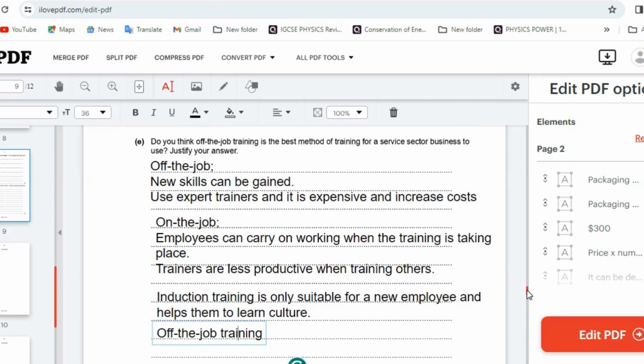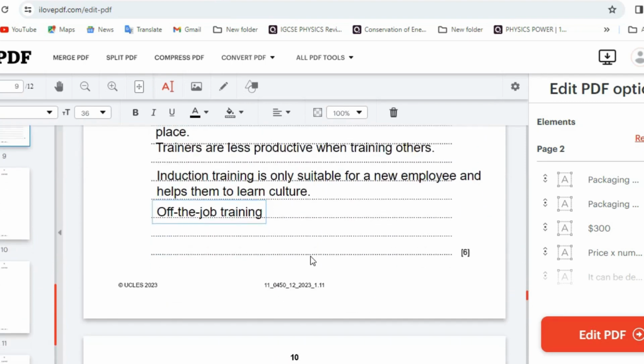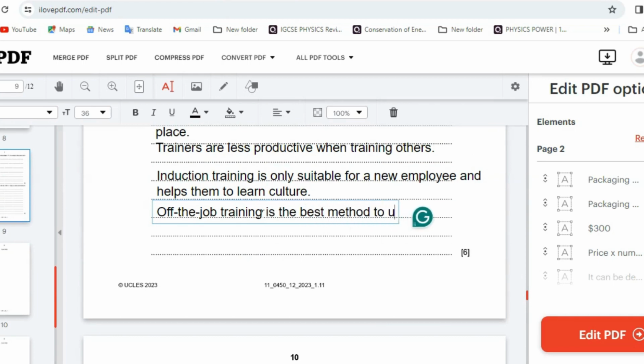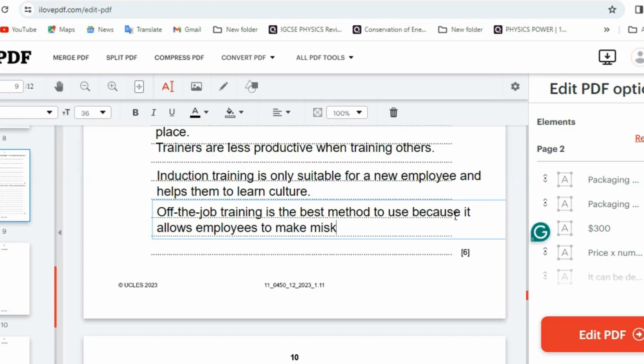Let's say off-the-job training is the best method to use because it allows employees to make fewer mistakes when they are learning from an expert.